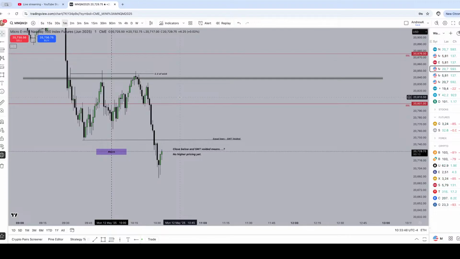So if this is accumulation, manipulation, distribution, you're going to get a distribution to that buy side, so make note of that. We're going to be watching when price gets here. We'll see what happens. Into this inversion.